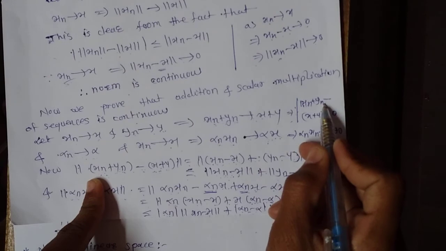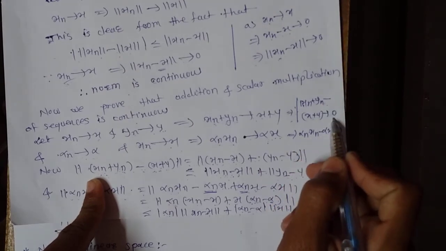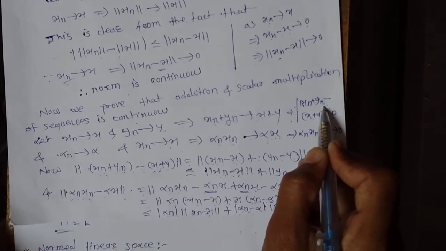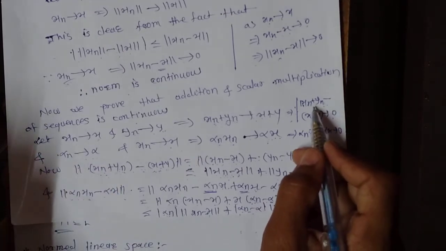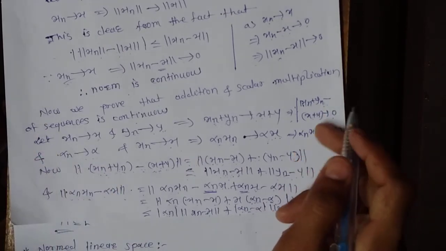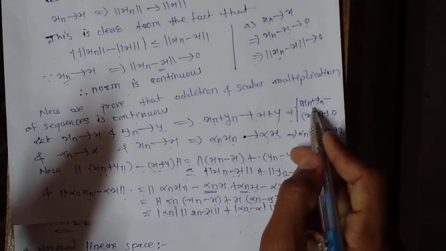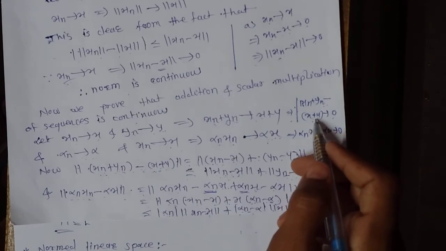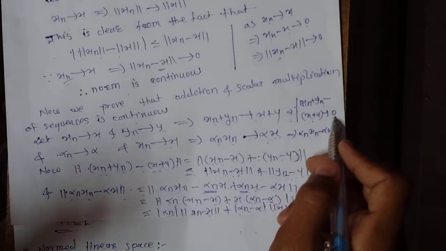That means xn plus yn is a convergent sequence. If we consider all the points of that sequence minus the point at which the sequence converges, this subtraction tends to 0.